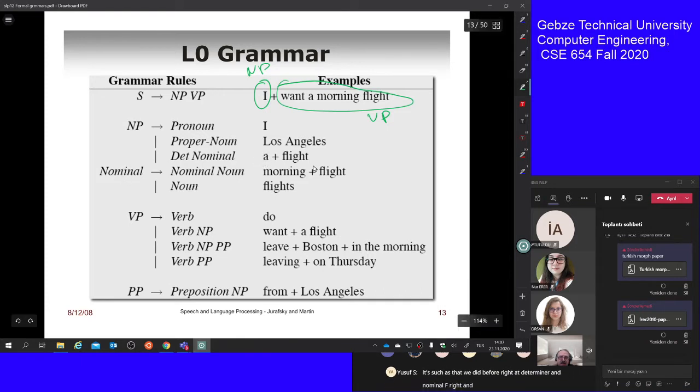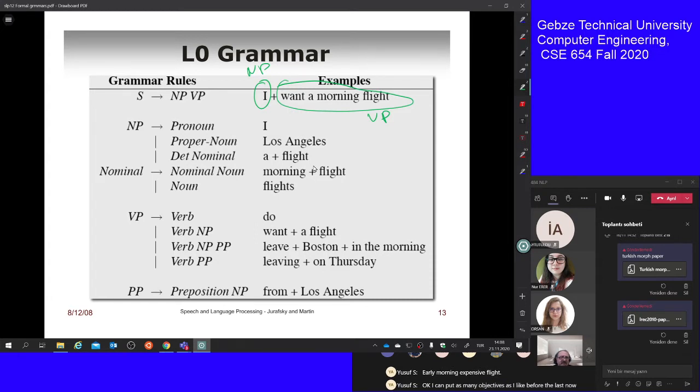And nominal could be nominal noun, or nominal could be noun, and like that. So this part is the recursive part. When you do this nominal noun, in this case it is morning flight, or it could be early morning flight, early morning expensive flight. I can put as many adjectives as I like before the last noun.